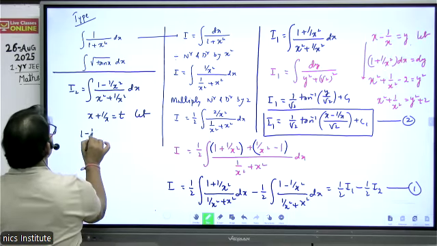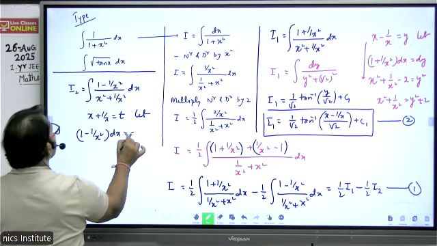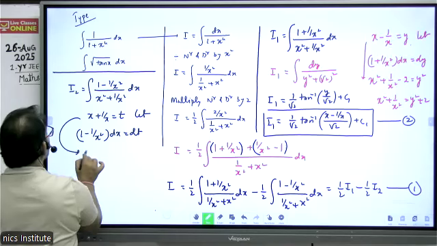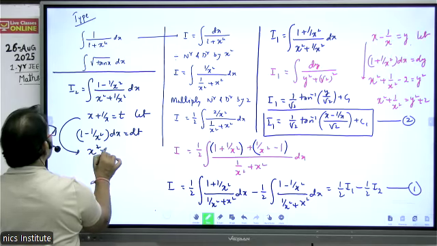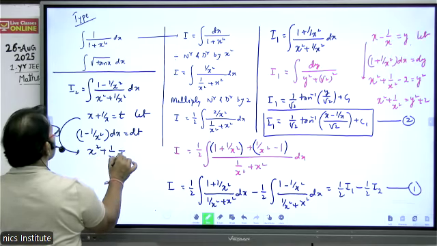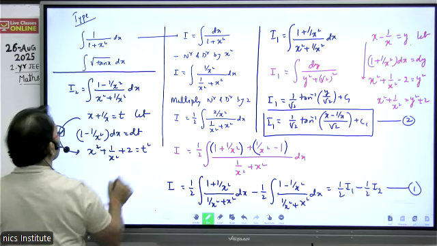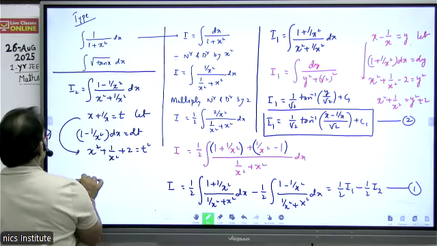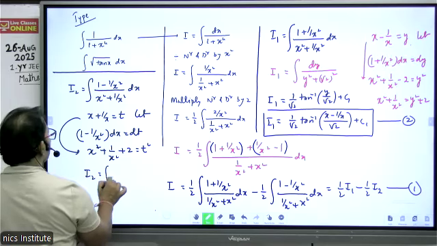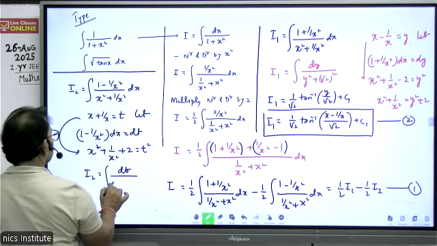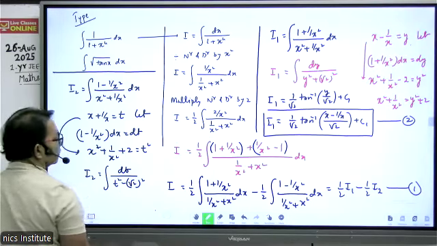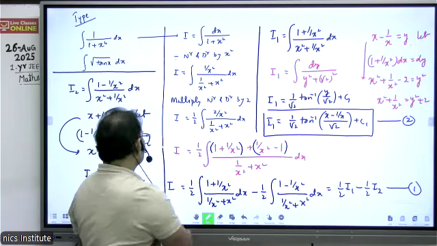So its derivative 1 minus 1 by x square dx is equal to dt. Squaring both sides gives x square plus 1 by x square plus 2 is equal to t square. That is, I2 will reduce to dt divided by t square minus root 2 the whole square. So this is I2.